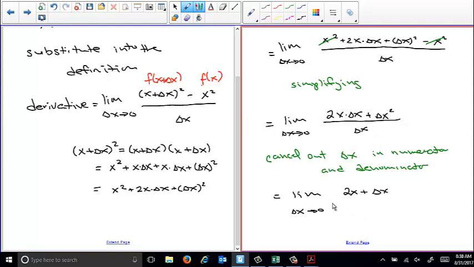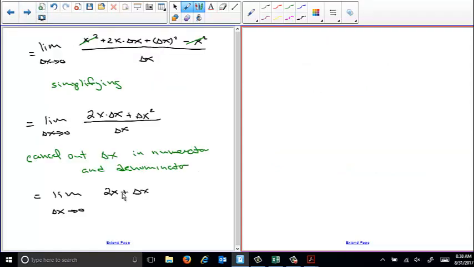Now at that point, the result is no longer indeterminate, meaning that if I let, in this case, delta x equal 0, here we couldn't let delta x equal 0 because you would get an indeterminate result, but by canceling out the delta x in the numerator and the denominator, we ended up with this simplified expression, just like we had before.